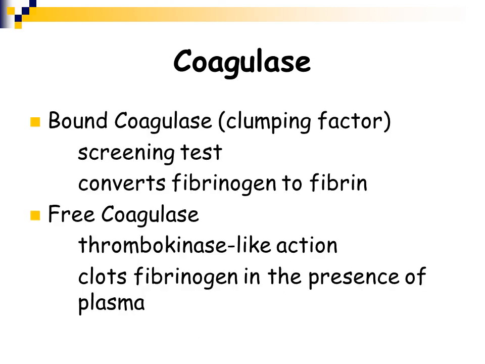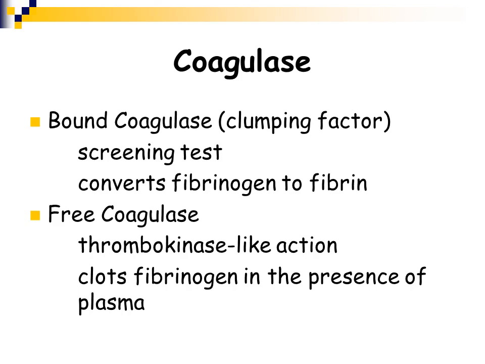Coagulase is the test that is looking for the enzyme coagulase. There's bound coagulase and free coagulase. Bound coagulase is also called clumping factor. It's a screening test, and it converts fibrinogen to fibrin in your coagulation process.